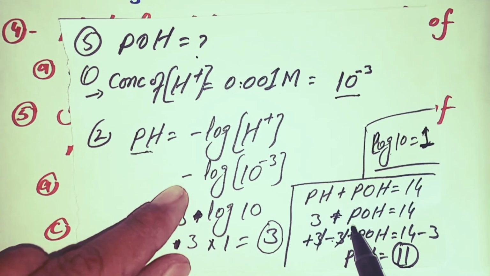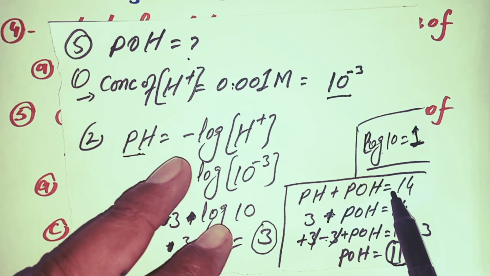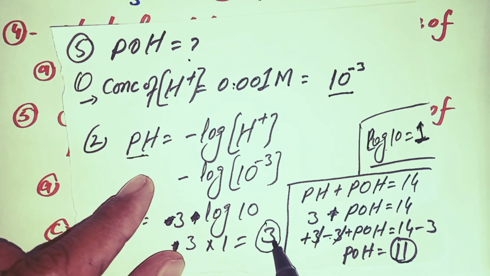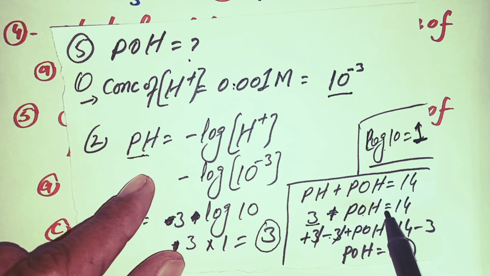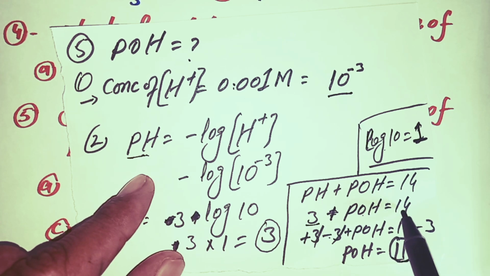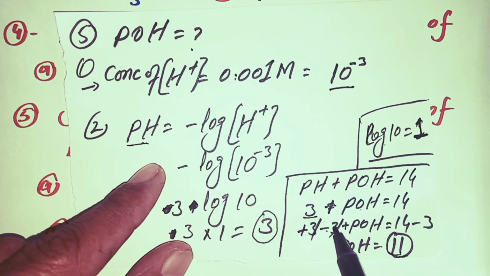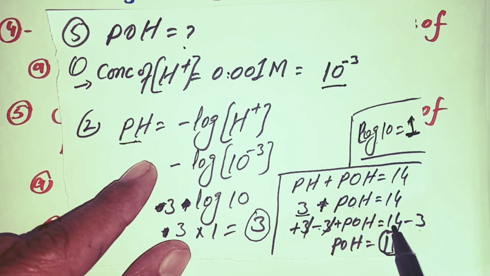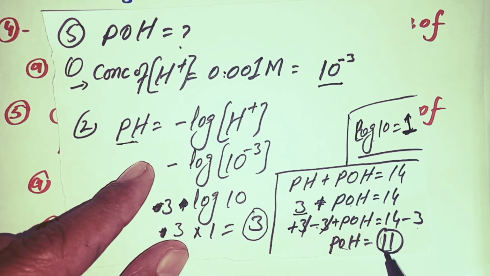And we know that pH plus pOH is equal to 14. So pH is 3, and pOH has to be calculated, and they are equal to 14. Now we mathematically solve this. We cancel the 3 with -3, and we put it on the other side. So we calculate the pOH value, which is 11.